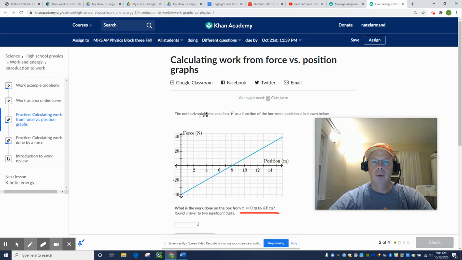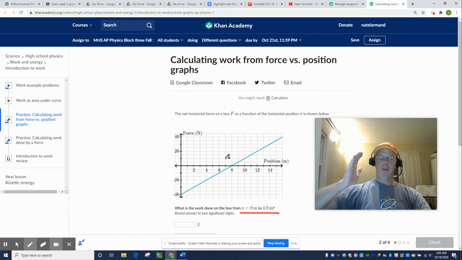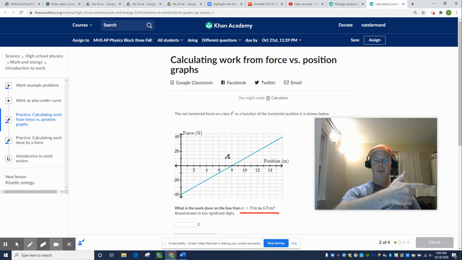Let's see. The net horizontal force on a box as a function of horizontal position is shown below. Okay, so we're pushing a box to the left. Is that to the left on your screen? No, that's to the right on your screen. So we're pushing a box to the left with a decreasing force.